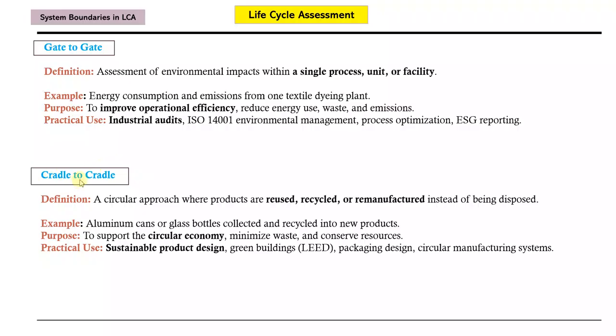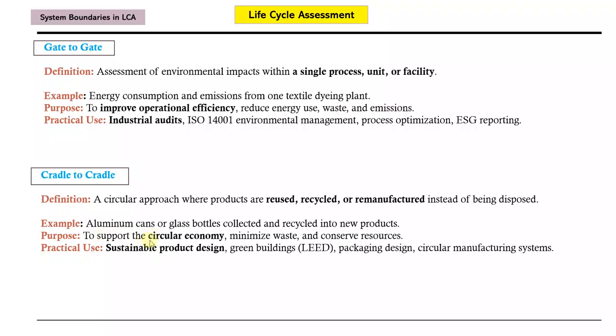And lastly, we have cradle to cradle. The definition is a circular approach where products are reused, recycled, or remanufactured instead of being disposed. Examples are aluminum cans or glass bottles collected and recycled into new products.